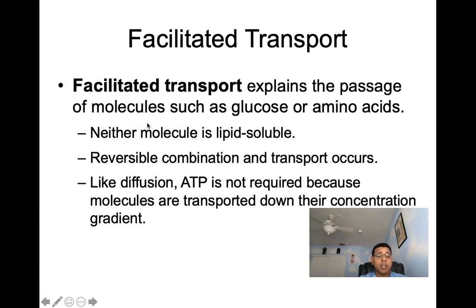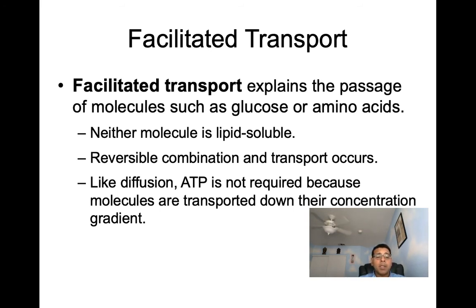Facilitated transport explains the passage of molecules like glucose and amino acids across the plasma membrane.